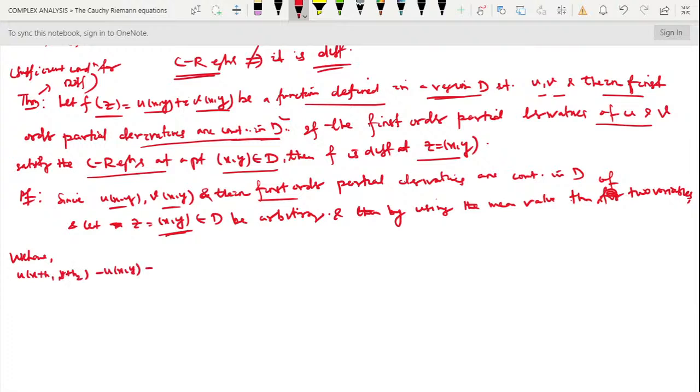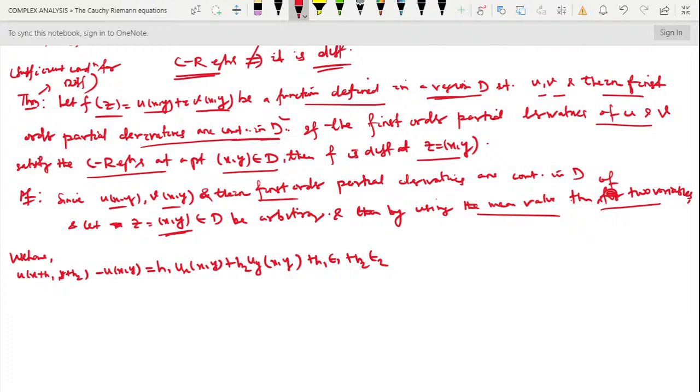This thing can be written as h1 ux at xy plus h2 uy at xy plus h1 epsilon 1 plus h2 epsilon 2, by using the mean value theorem for two variables which you studied in your multivariable calculus.